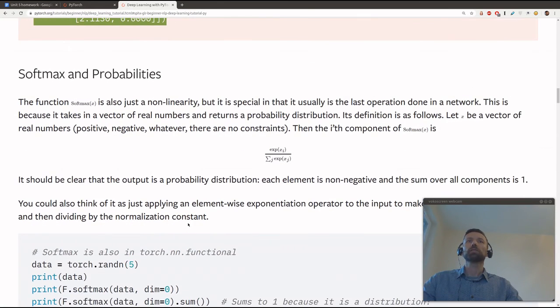Next thing is softmax, which is usually applied to the last layer of your network, and it creates a probability distribution where the sum of all of the probabilities is 1, which is basically the definition of a probability distribution.